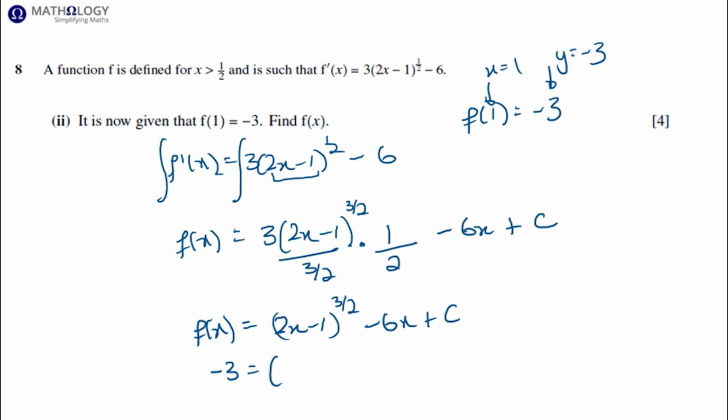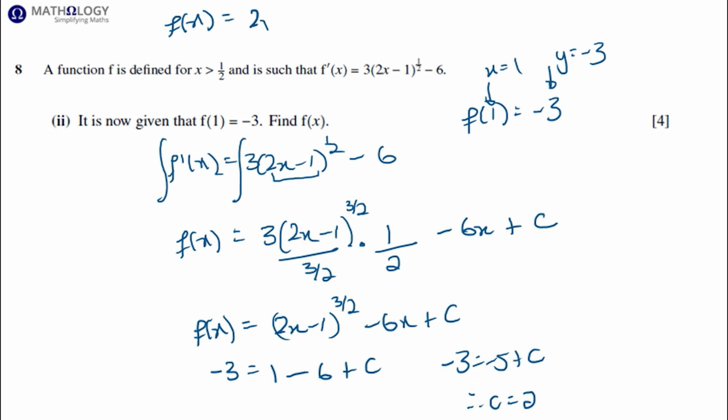So we'll have 1 minus 6 times 1 is 6 plus c. So therefore c equals 2. So the function f of x equals (2x minus 1) to the 3 over 2 minus 6x plus 2.